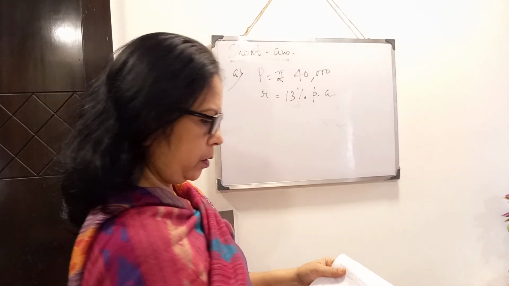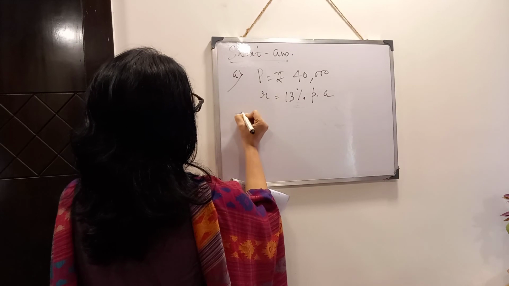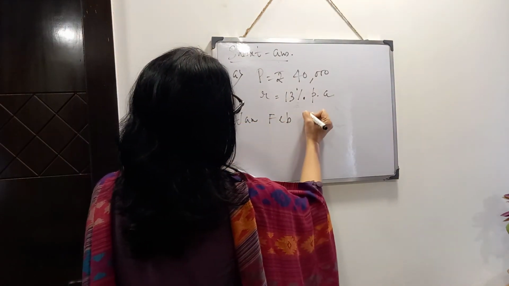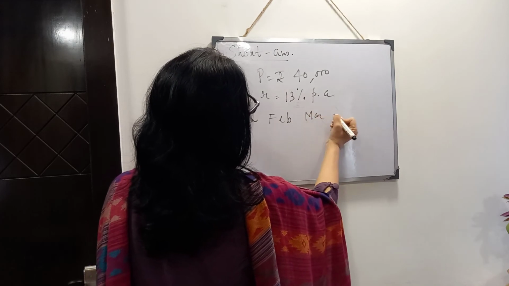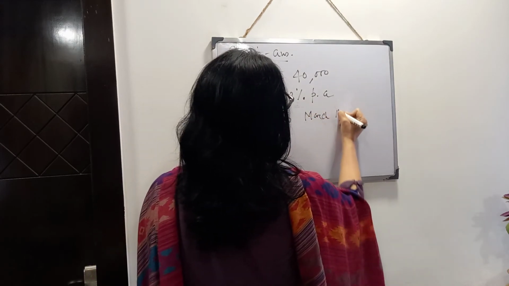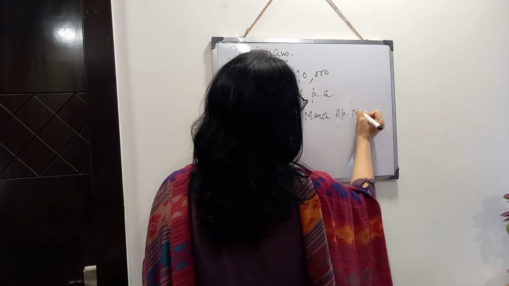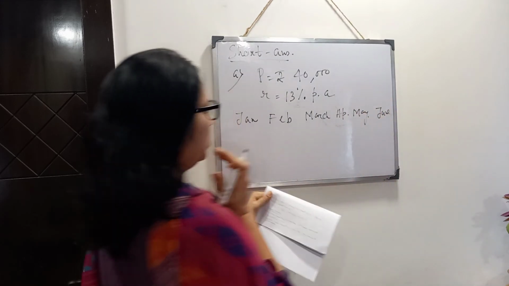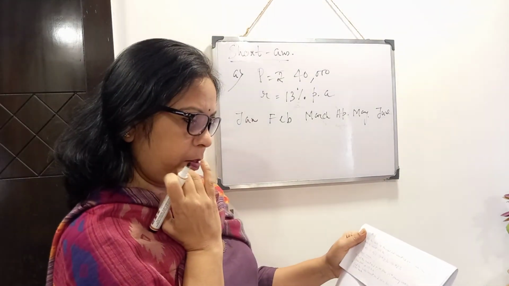Now we have to calculate the total number of days. 15 January 2004. So first January, February, March, April, May, June. Clear? 15th January.